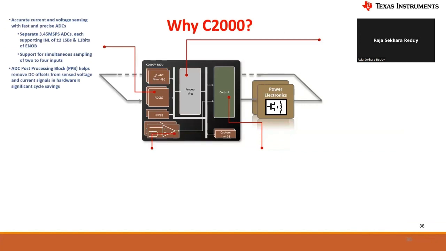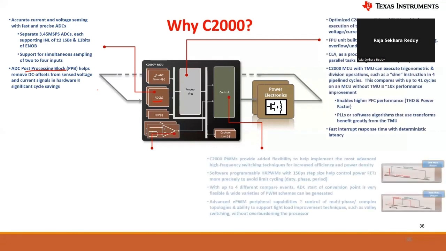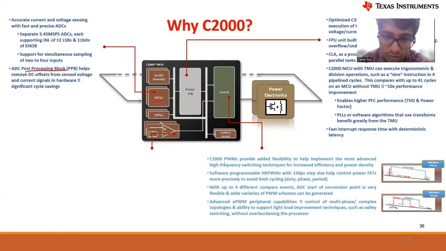So it has an ADC. These are my ADCs. SAR ADCs are there, and also post processing over here, which is also there in the STM32 microcontroller. All these are available. Then there are PWMs. PWMs can also be generated using timers.